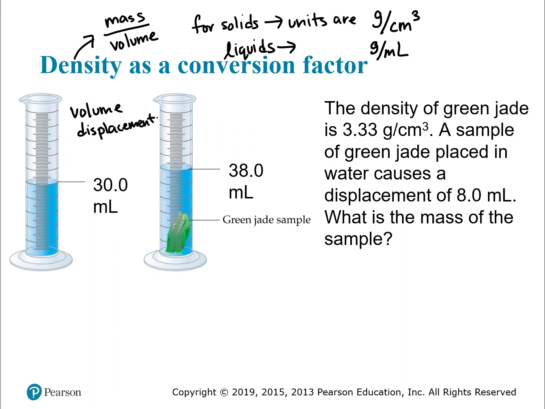You measure out some water in a graduated cylinder or some other kind of piece of glassware that you can measure volume reliably. You measure out a certain amount. You add your sample, and you read the level of the water again. The difference between the two is the equivalent to the volume of your solid.